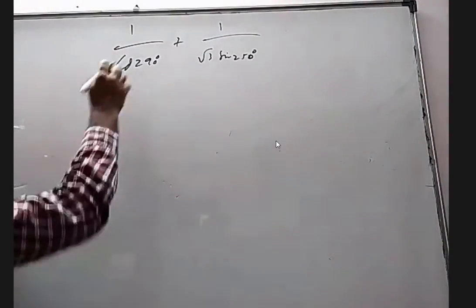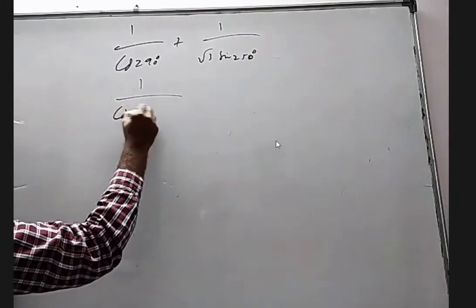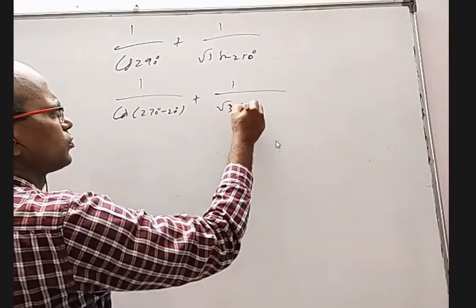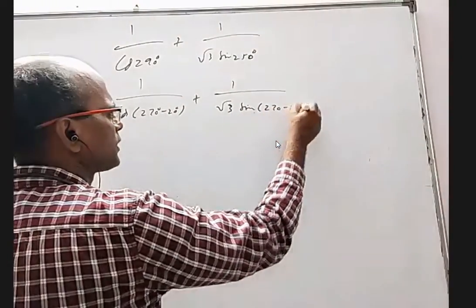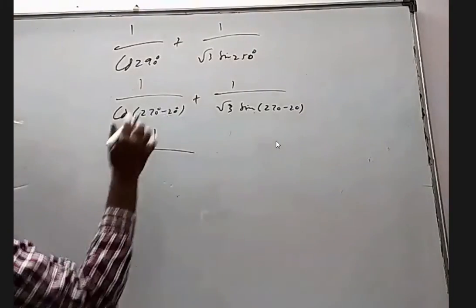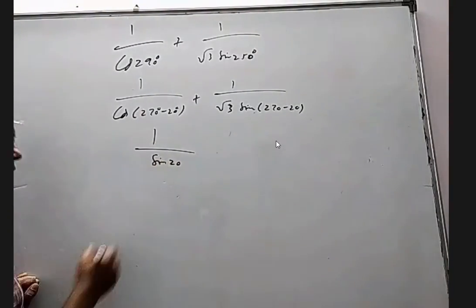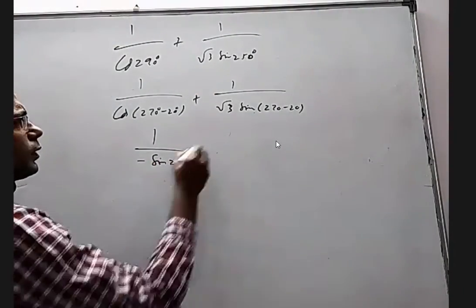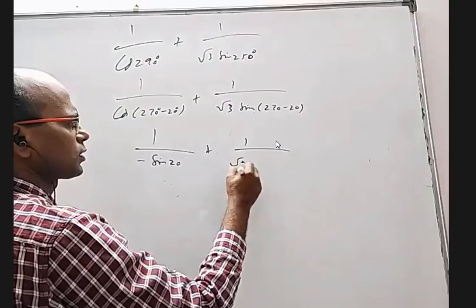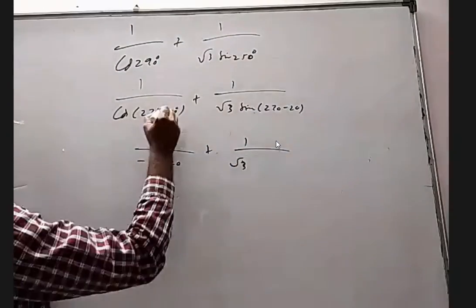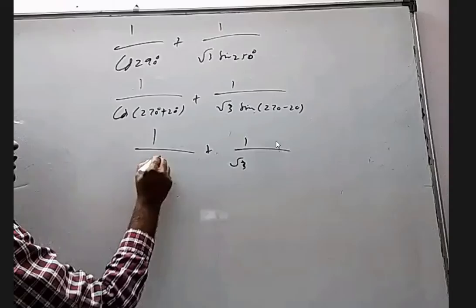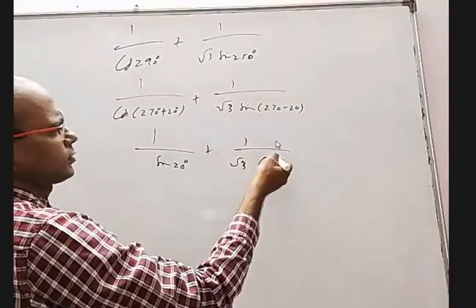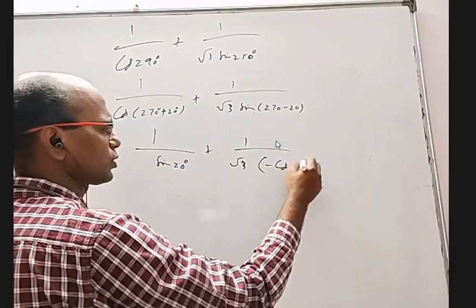Okay, I am going to write cos 290 as 270 plus 20, and this 250 as 270 minus 20. Cos of 270 plus theta is sine 20, and which quadrant? Fourth, so positive, plus sine 20. And this is third quadrant, and with 270, sine becomes cos. You'll get a minus cos 20.